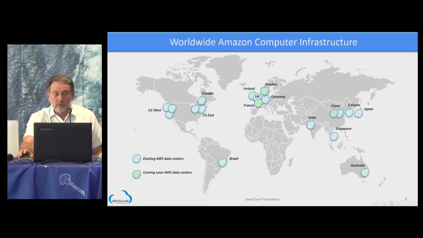Why do we use Amazon? Amazon is the strongest, most powerful company, 30 to 40% greater than the second best, which is Microsoft. They have 16 data centers around the world. They keep expanding. Another data center is being built in China and 2 more in Europe.